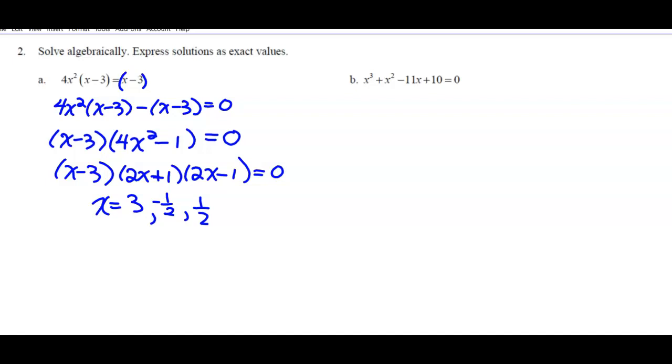Obviously, there's going to be a trinomial. So maybe you want to, on your own time, practice that method. We're going to do that method for the next one.